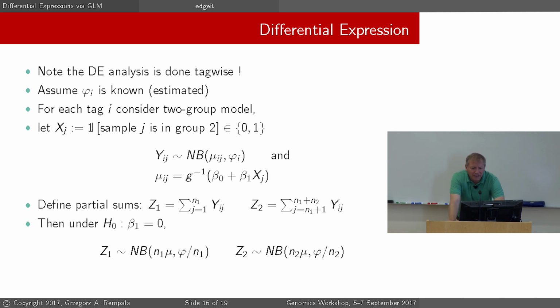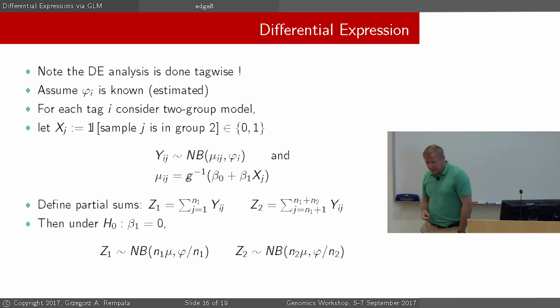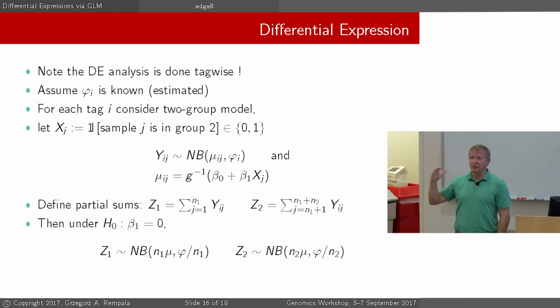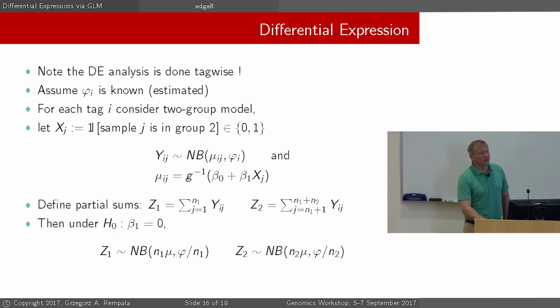If I do this, I've basically created a little regression, which is really running on these integer values, which says if you're in group 1, then your value is beta 0. If you are in group 2, your value is beta 0 plus beta 1. So beta 1 has the interpretation of the difference on average. Not really on average, because I'm running this through some fancy function G here.